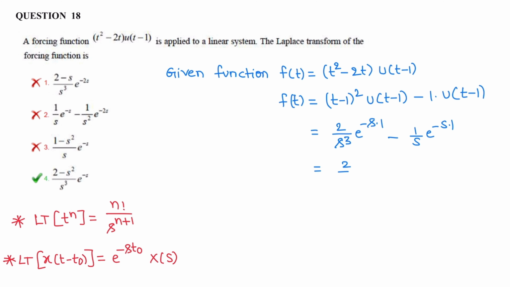So that is 2 by s cube e power minus s minus 1 by s e power minus s, which is (2 minus s square) by s cube into e power minus s. So the correct answer is option 4.